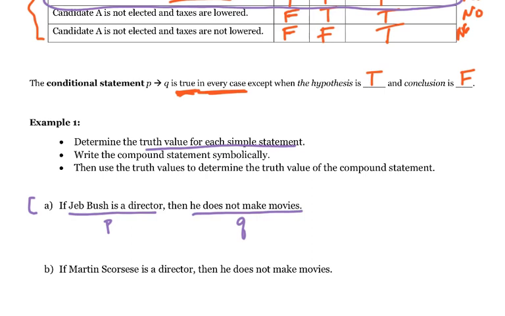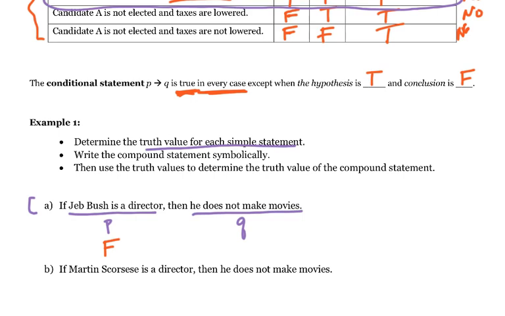So first, we have to determine the truth value for each statement. Is Jeb Bush a director? No, that is false. He's a governor, or was a governor. He's not a governor anymore, but he was a governor.